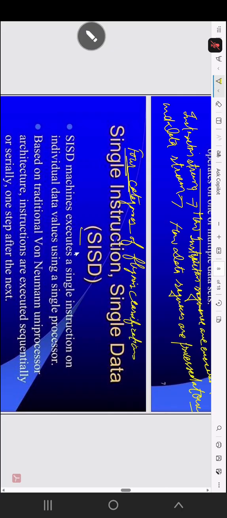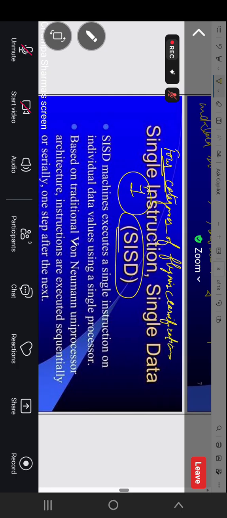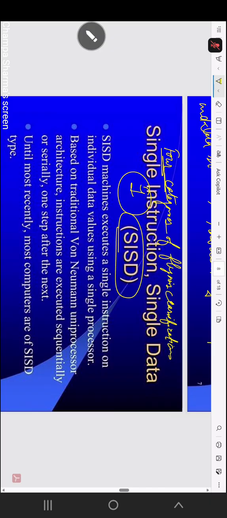First one is SISD. SISD full form is single instruction, single data.